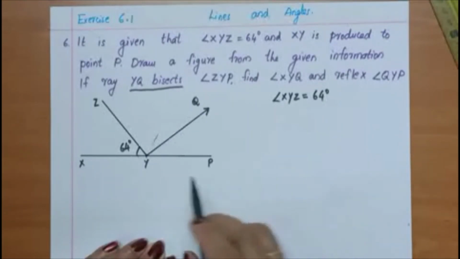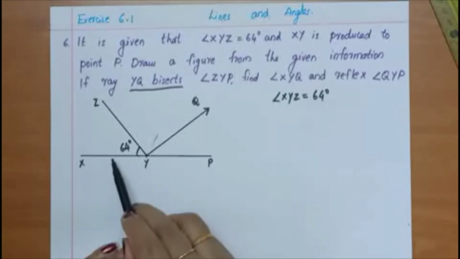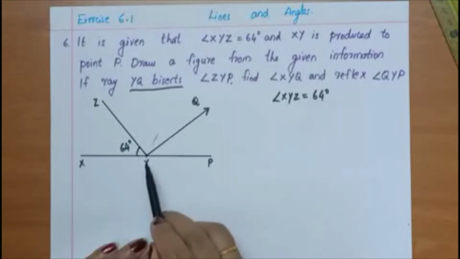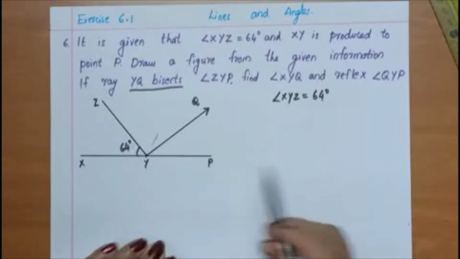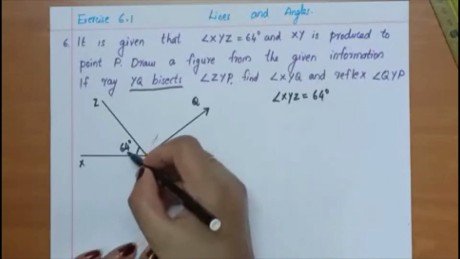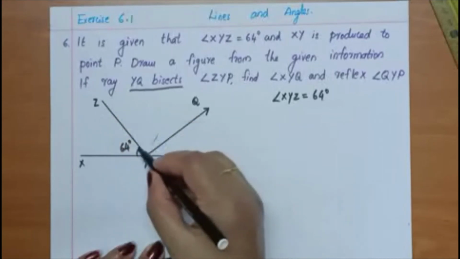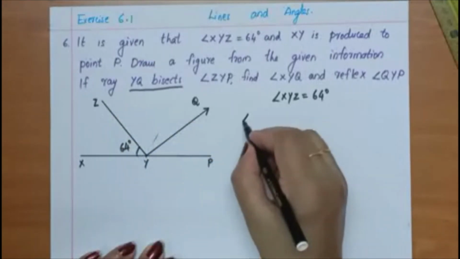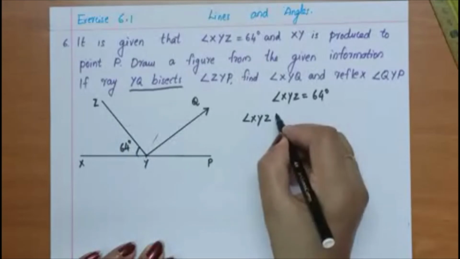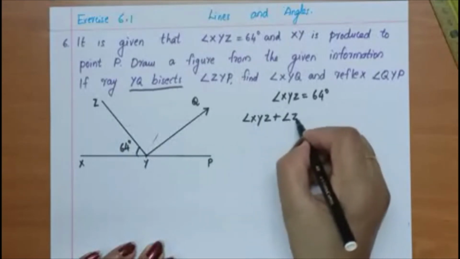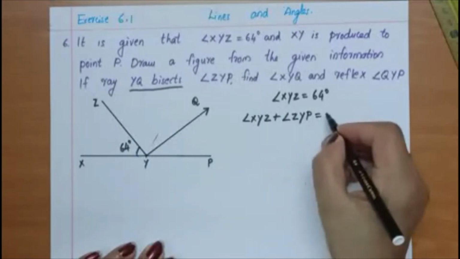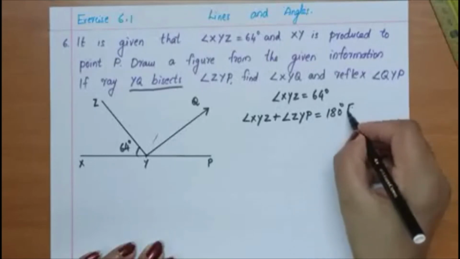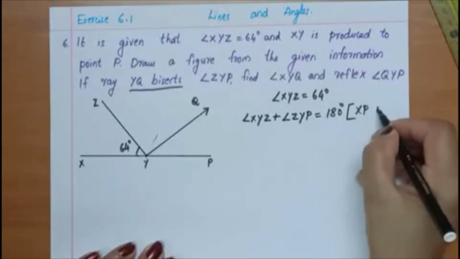Anyway, angle XYZ equals 64 degree. Then here we have angle XYZ plus angle ZYP equal to 180 degree, because XP is a straight line.